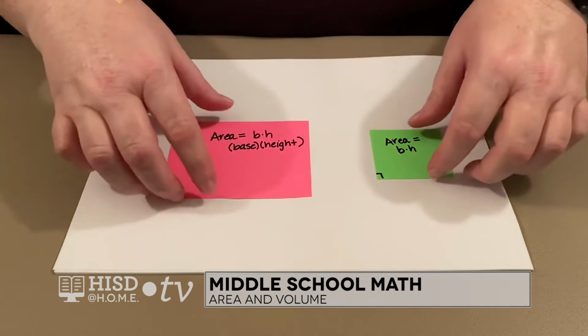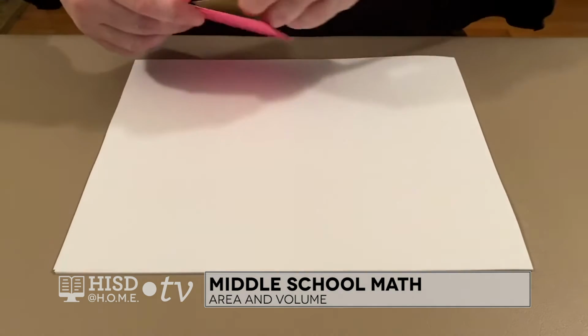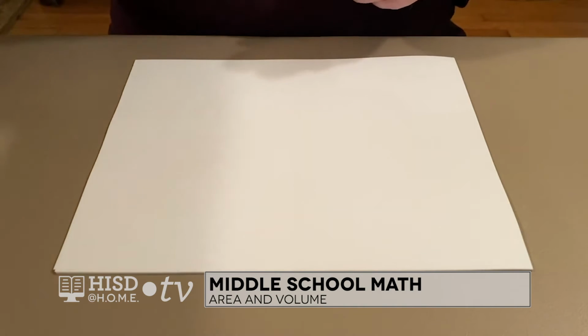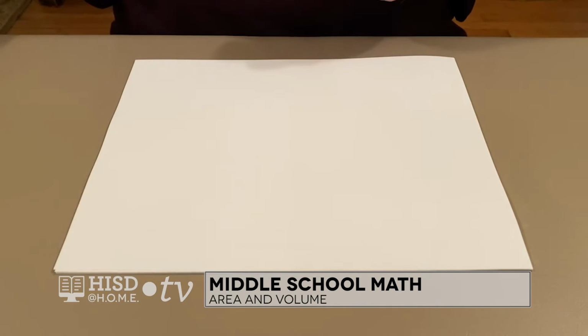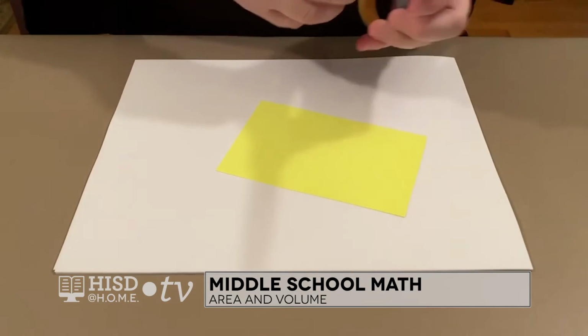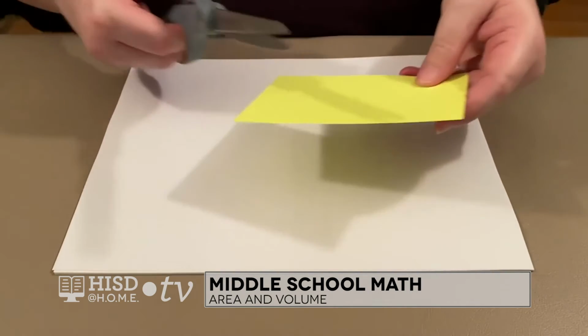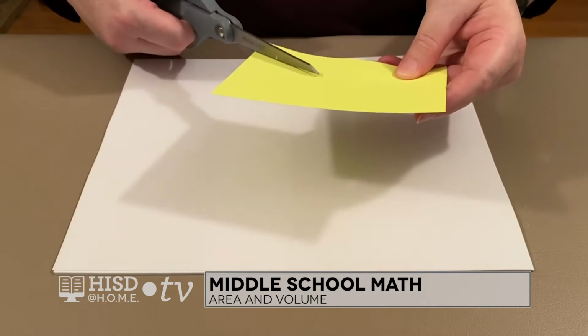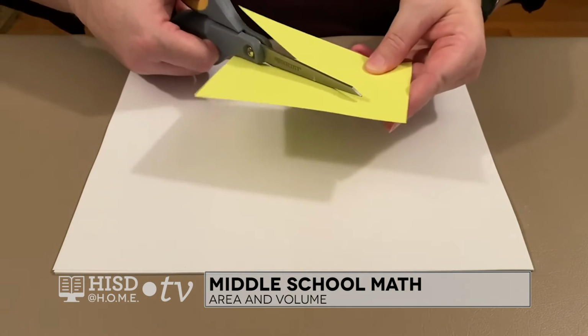So some of the things that you studied this year is that you started looking to see, well, what happens if I take a rectangle and I cut it in half? So we're going to take our rectangle here today, and I'm going to cut it right from one vertex to another. And I kind of gave away what happens.